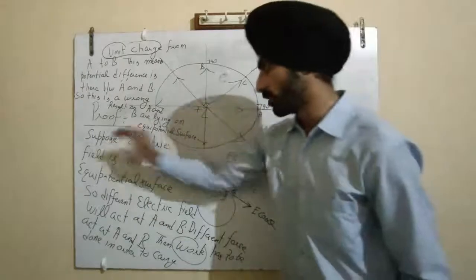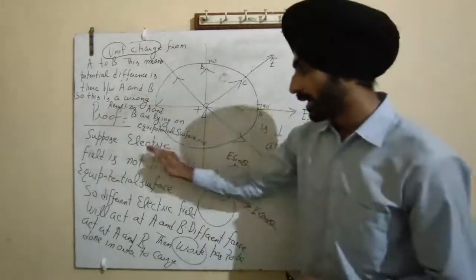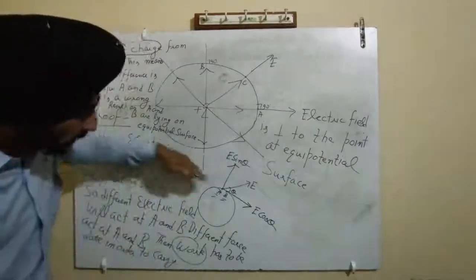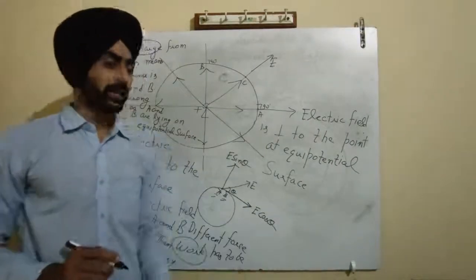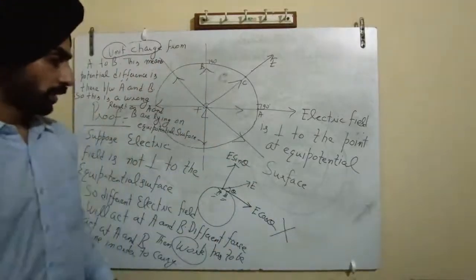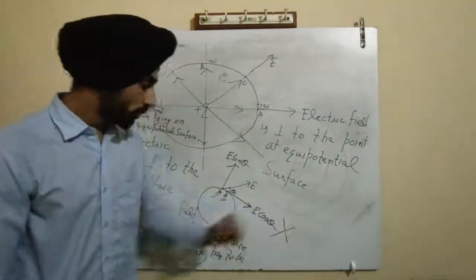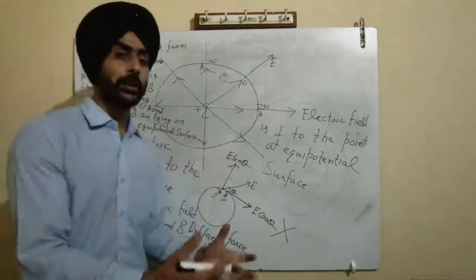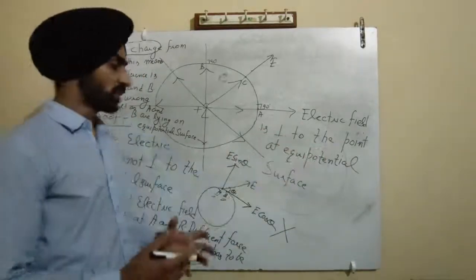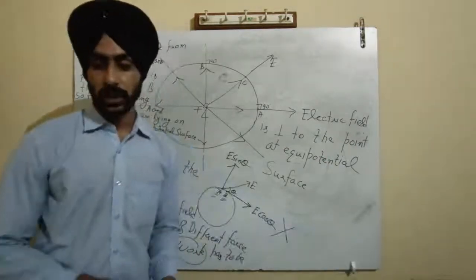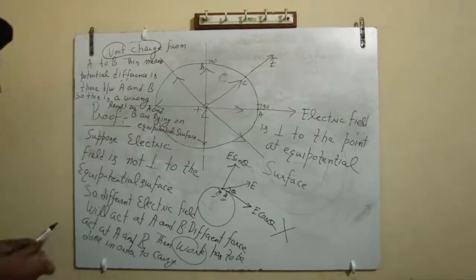Our supposition is wrong. That means the electric field is not acting along the surface of an equipotential surface. That means this component is not possible. So if this is wrong, that means our supposition is wrong. So the electric field can only be normal to the equipotential surface. It will not act along the surface of an equipotential surface.